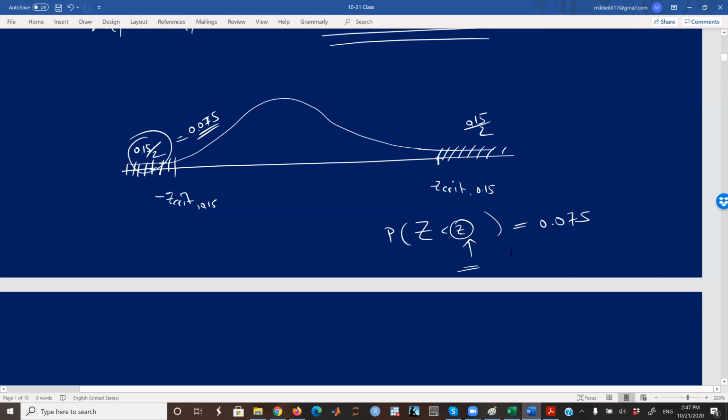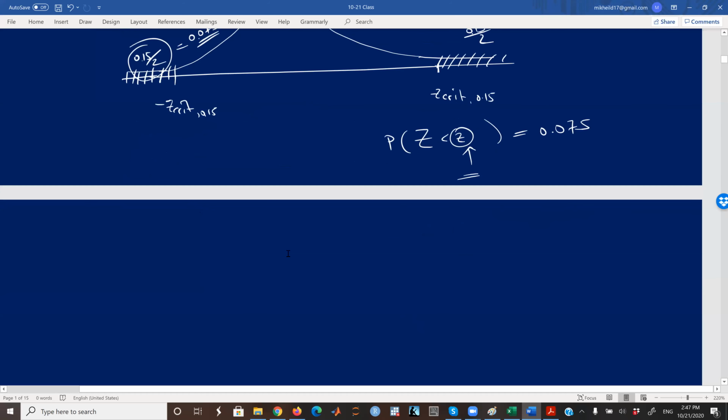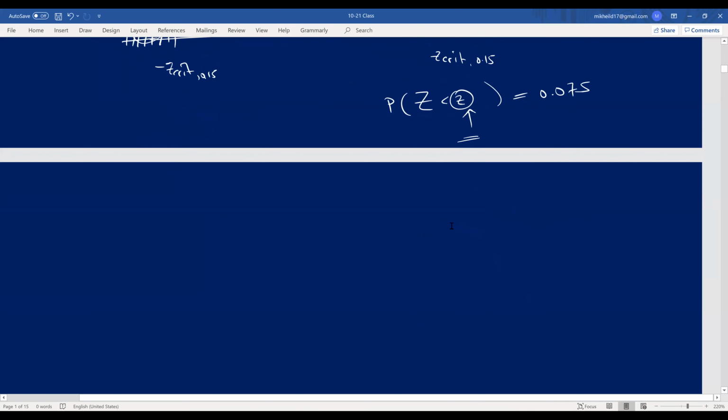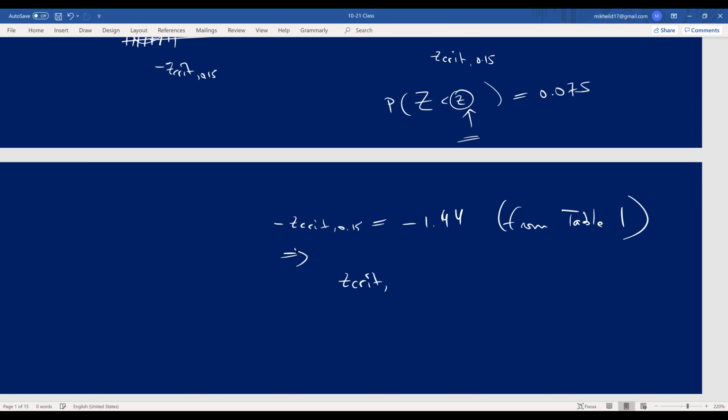So minus 1.44. So minus Z critical is minus 1.44, and Z critical will be, let me share this screen again. So minus Z critical at 0.15 is minus 1.44 from table 1, but then this means that Z critical at 0.15 will be 1.44.